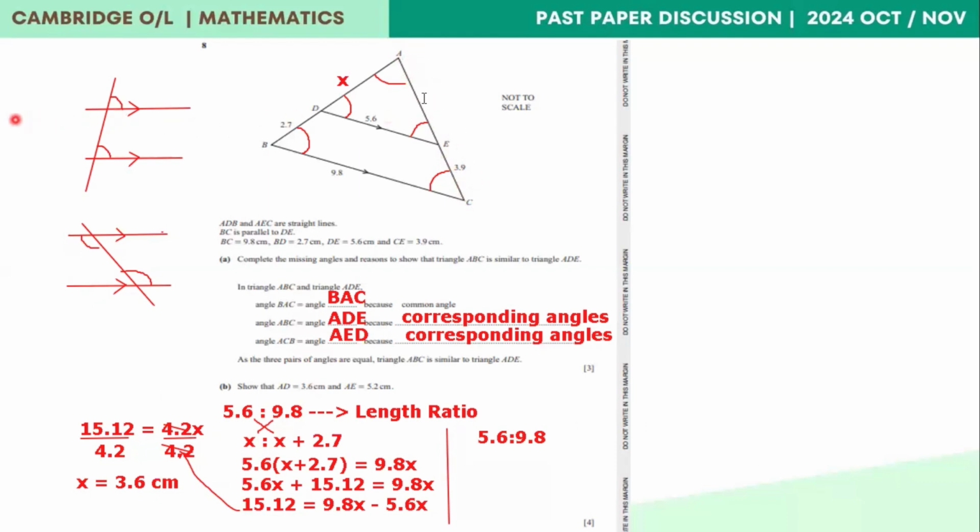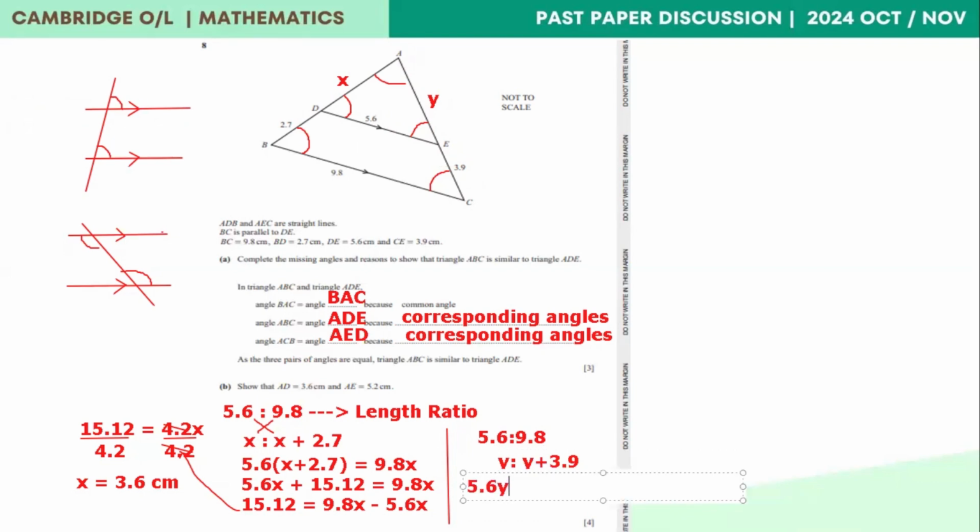If I take AE as Y, then for the small triangle it would be Y, and for the big triangle it would be the total length AC, that is Y plus 3.9. It will be similar working to the AD calculation. So Y is to Y plus 3.9. Now again we can cross multiply.